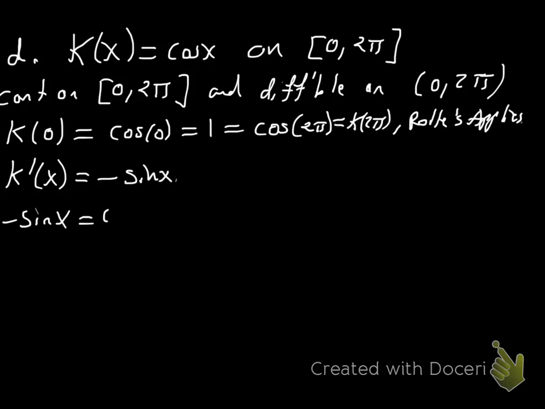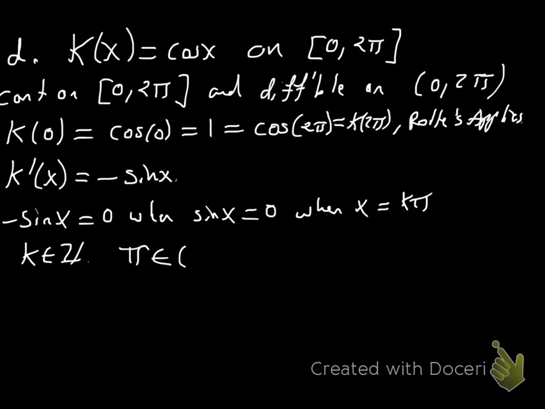So the derivative is equal to 0 when sine x is equal to 0, and sine is equal to 0 when x is an integer multiple of pi. So 0, pi, 2 pi, 3 pi, 4 pi, 5 pi, negative 2 pi, negative 3 pi, etc. Well, the only one of the integer multiples of pi that fits in our open interval 0 to 2 pi is just regular pi.